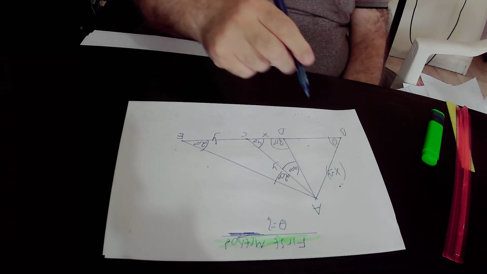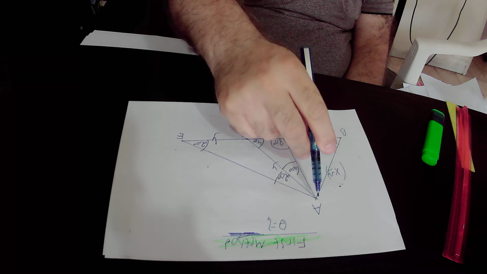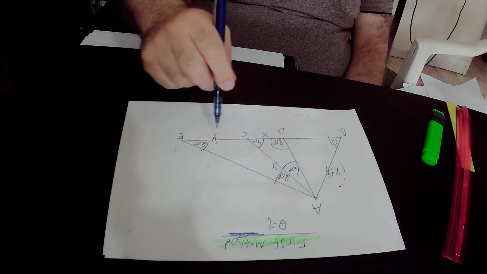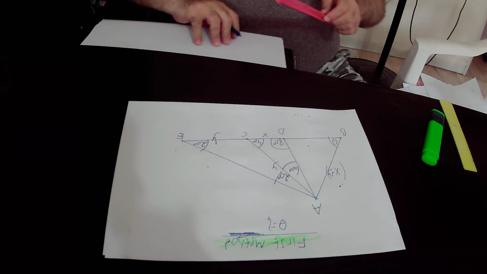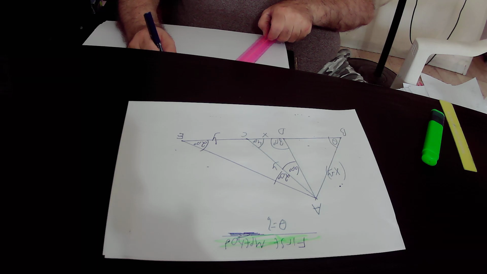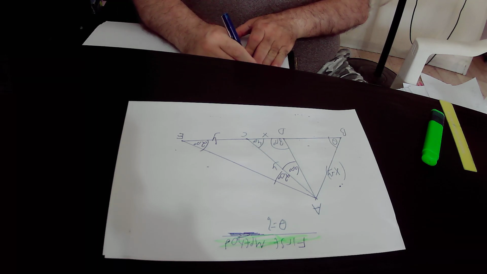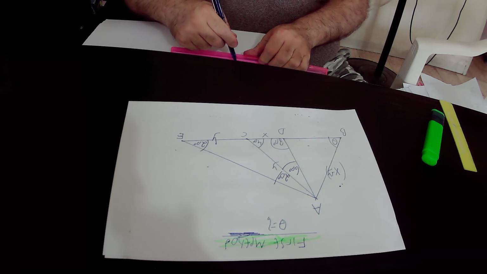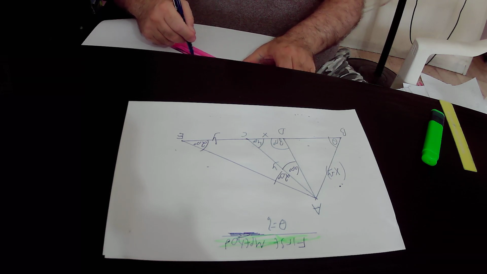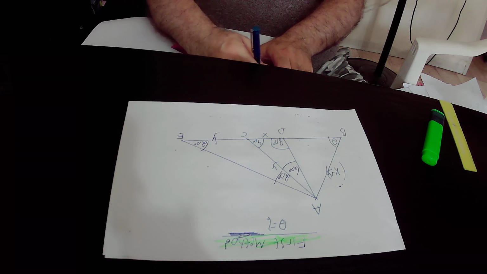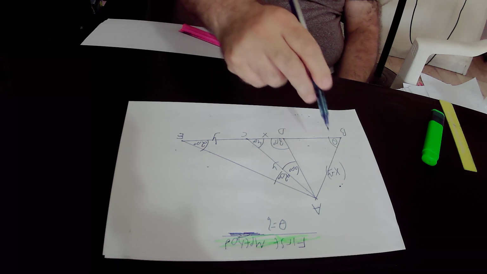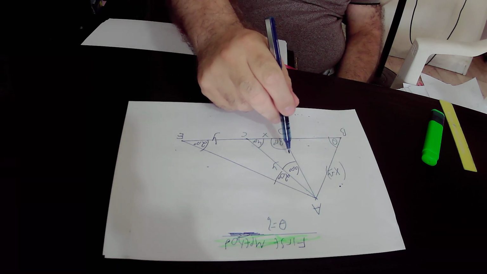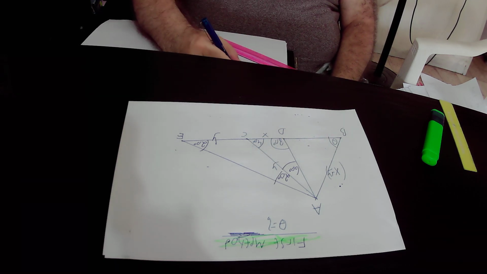In the next step, I will copy the triangle ADE, and in the new page we'll analyze triangle ADE. Angle DAC, this angle equals 60 degrees plus 20 degrees, that is 80 degrees.